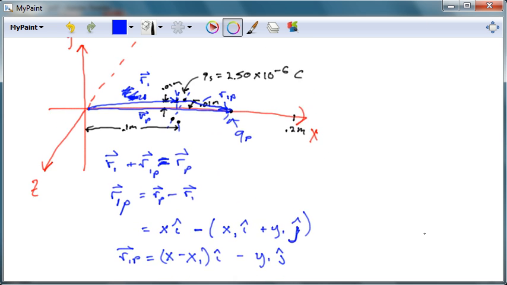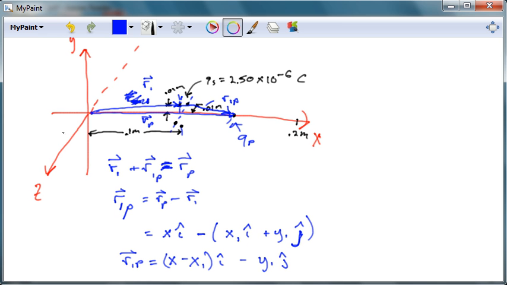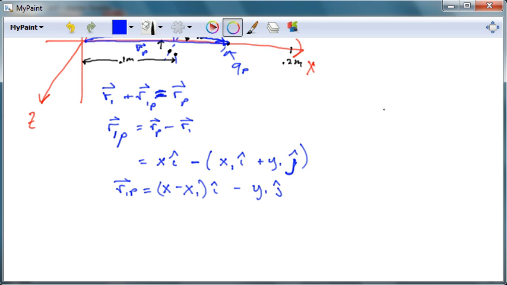Keep in mind that if x is less than 0.1 meters, so it's to the left here, then it's still the difference between the x scalar component of the particle that's free to move and the x scalar component of the fixed particle, but this would be smaller than the 10 centimeters, so this would be negative, and we'd say it's at some position in the minus x direction. So it still works out, no matter where the charged particle is.